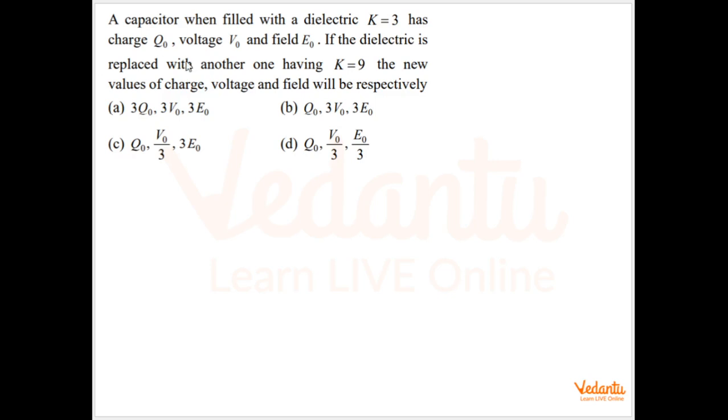So the capacitance of a parallel plate capacitor is K A epsilon naught divided by D. Now, originally, the capacitor has charge Q naught and the capacity 3A epsilon naught by D.